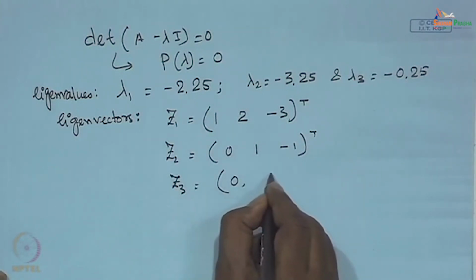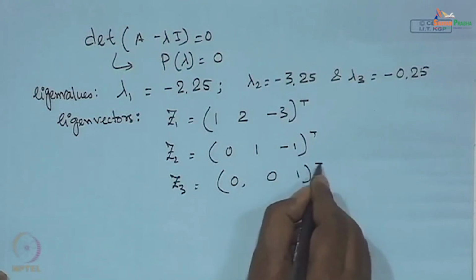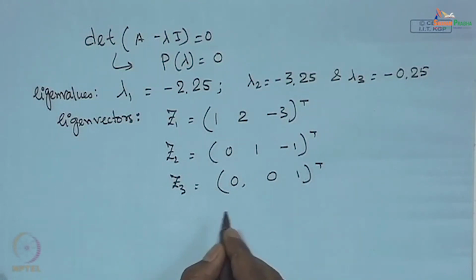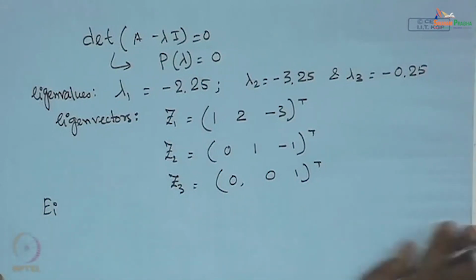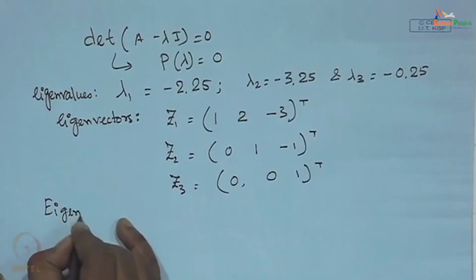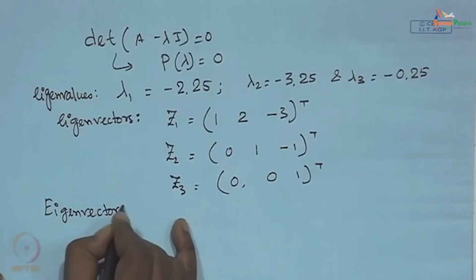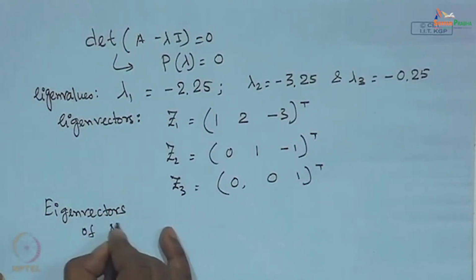[0, 0, 1] transpose. The eigenvalues of the transpose matrix will be identical, which we have already proved earlier, and we can get the eigenvectors of A transpose.